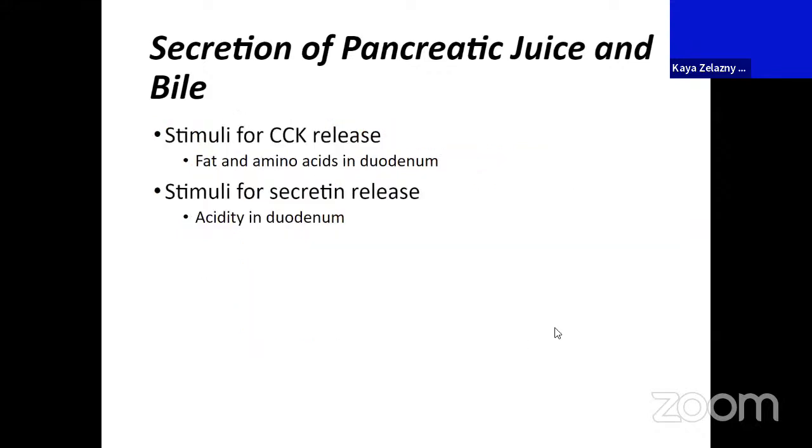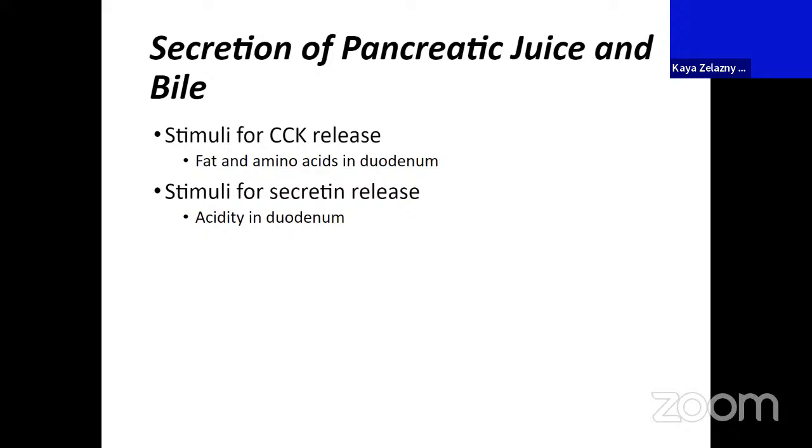We have different triggers for the release of each of these. The CCK is the one affecting the acinar cells, telling us to make a bunch of enzymes. So it's digesting food actively. The signal for the release of CCK, you want to think about as intestinal phase control, because we're sensing we've got fats and amino acids in the duodenum, right?